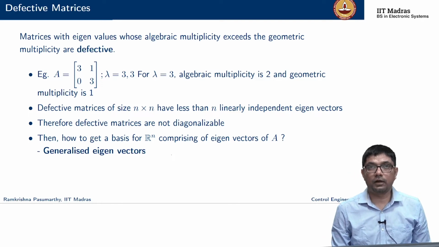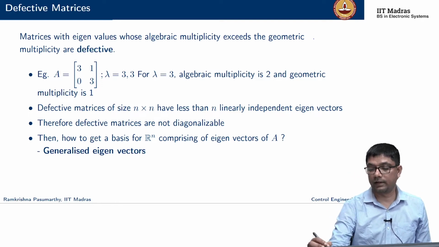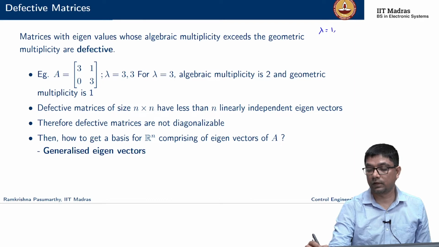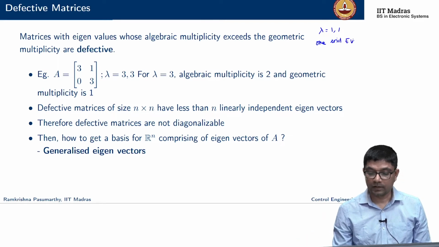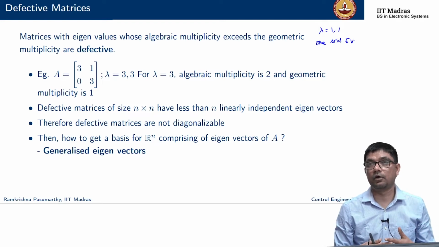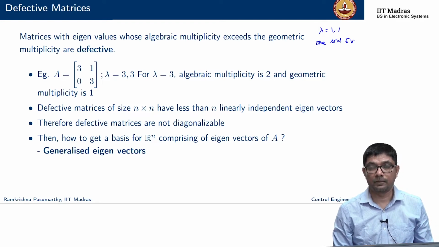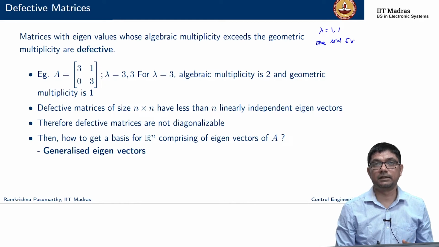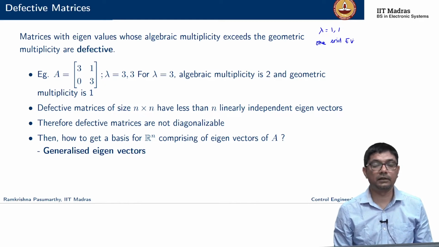Okay, so we saw examples where lambda was equal to 1 comma 1 and I got only one independent eigenvector. Such matrices will not be diagonalizable, where the algebraic multiplicity is not equal to geometric multiplicity.